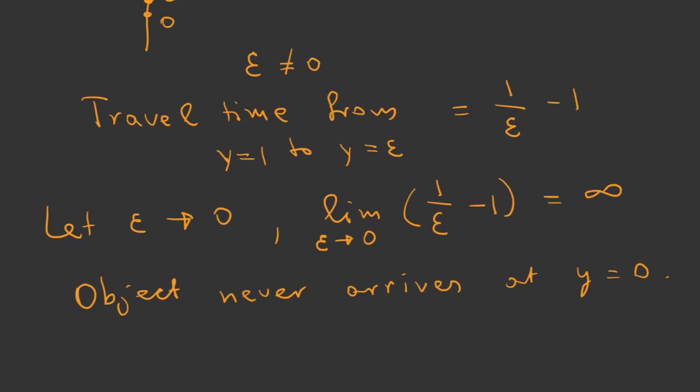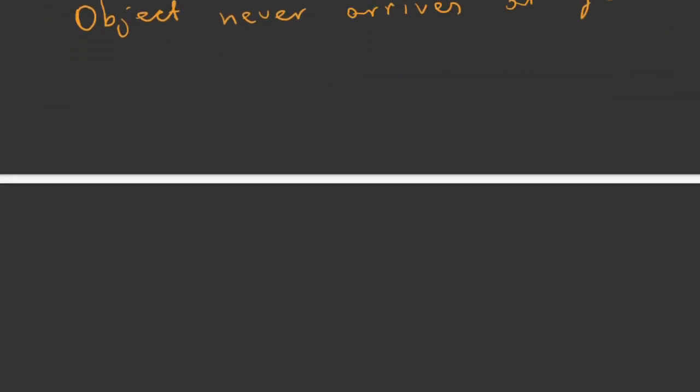Now, as a result of this, the type of phenomenon that we saw with the previous equation, where we saw the initial value problem y prime equals negative 2 square root of y, with the initial condition y at 5 equals 0.